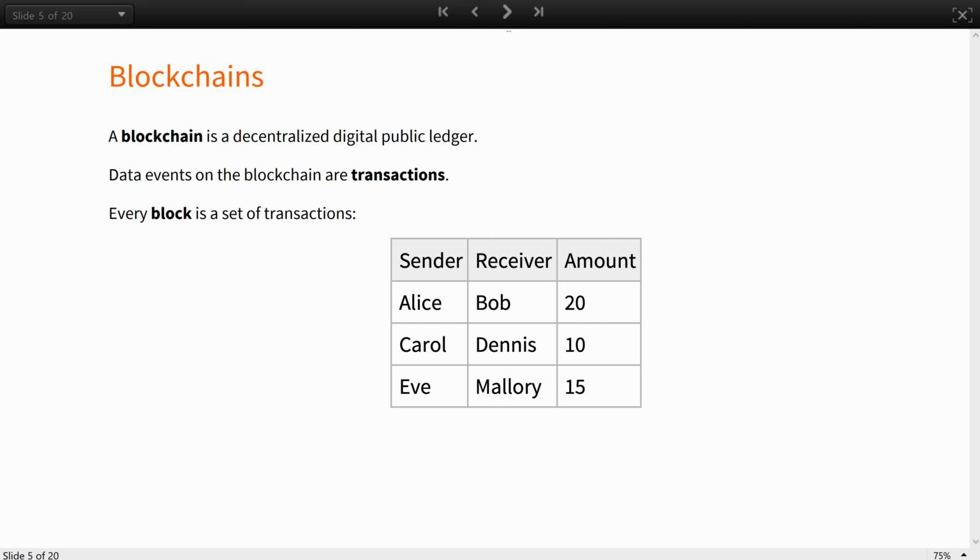Data events on the blockchain are commonly called transactions. Each transaction is time-stamped and included into the blockchain in its chronological order. In the case of cryptocurrencies, transactions usually transfer funds and contain the sender, receiver, and the amount to be transferred. And every block is a set of such transactions.